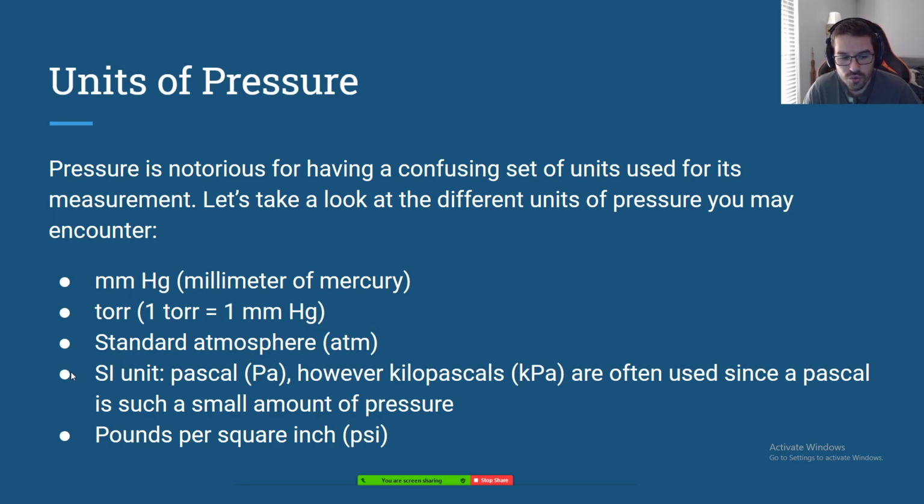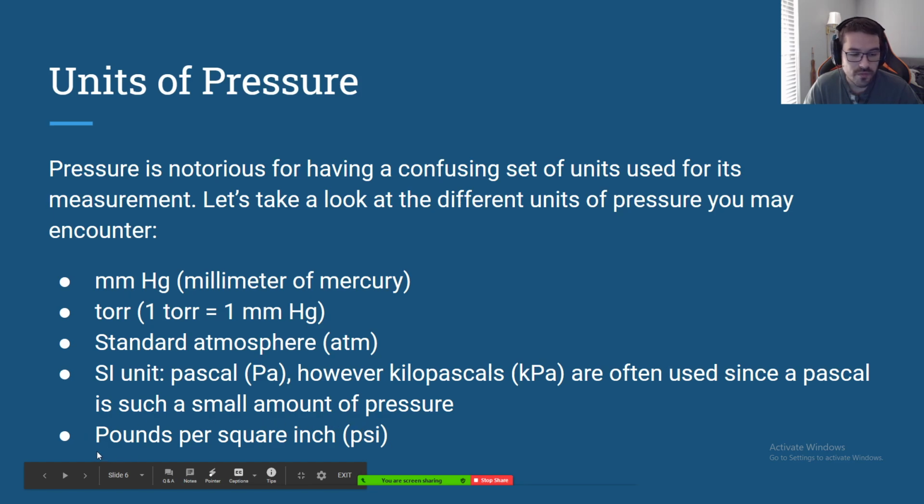The SI unit, the official metric unit for pressure, is called the Pascal, abbreviated capital P, lowercase a. A Pascal is a really, really small amount of pressure, though. So oftentimes what you're going to see instead are kilopascals, thousands of pascals. And like I said, this is often used because pascals are such a small amount of pressure.